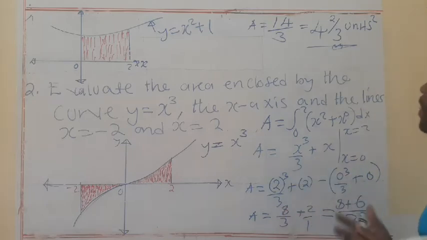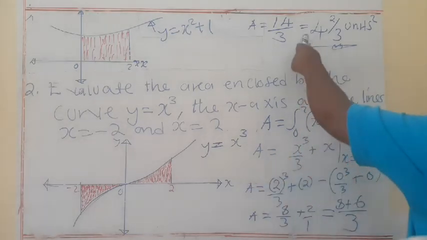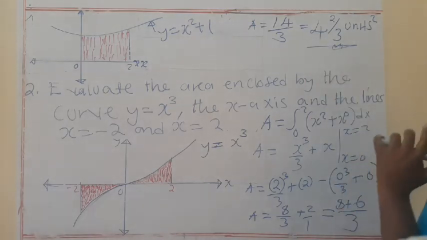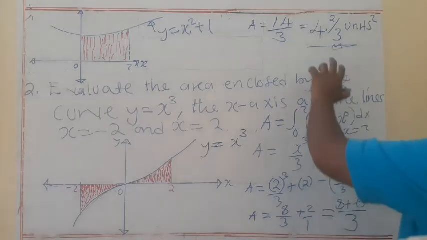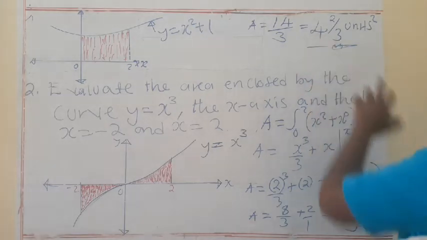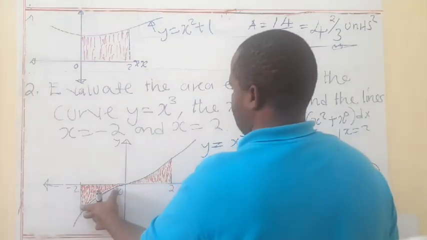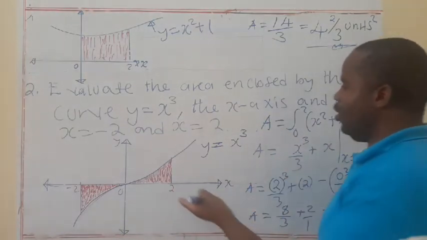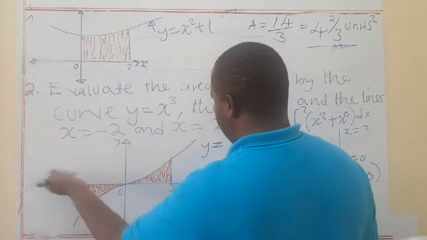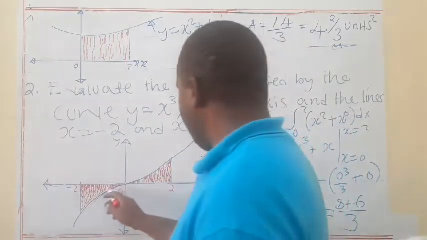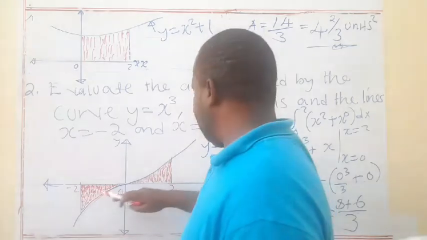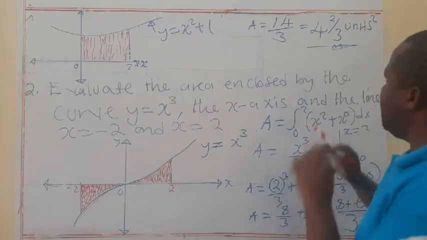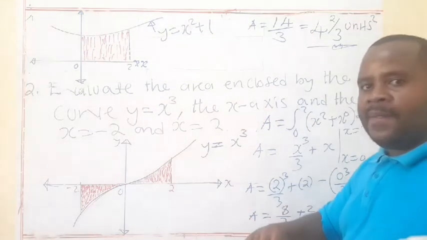So that's the area. Now, supposing that the area was negative, what that would have implied is that the region you are dealing with is below the x-axis. If we were to calculate this, you would get a negative value because it is below the x-axis.